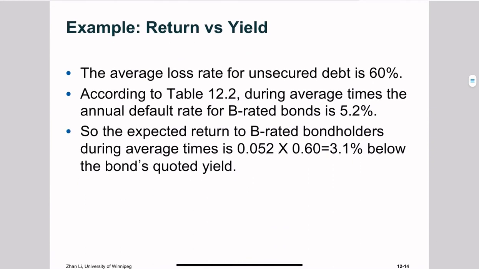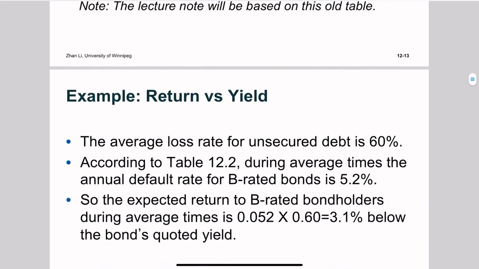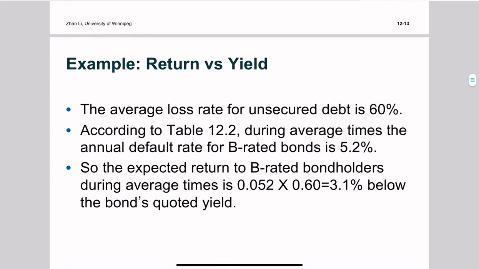Now let's see this example here. This example is about return versus yield, that is, the difference between the expected return and the yield. So let's assume the loss rate for debt is 60%.